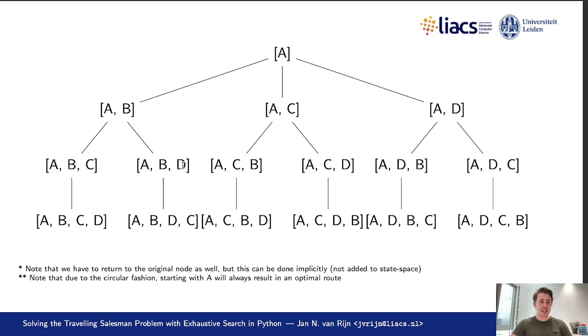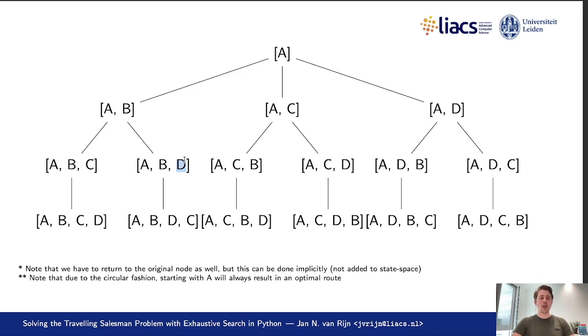In this particular case, there's no choice to be made, because we can see in this tree that there's only one option, and once we follow that option, we have the final solution. But of course, the algorithm typically does not know this. So if we had the partial state A, B, there was an option to be made, and we have to try out both options, namely adding C to the state and figuring out what from there on is the best, but also adding D to the state and figuring out from there what is best.